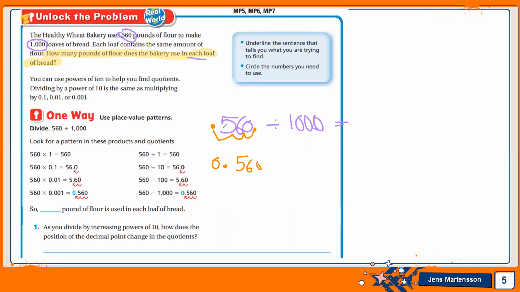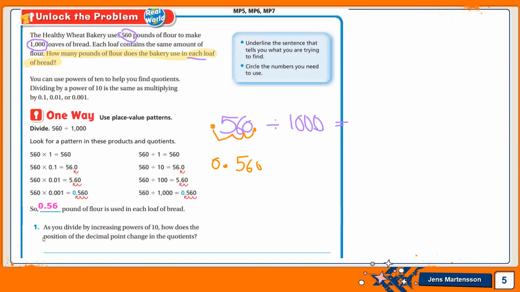So how many pounds do we have here? 0.560, we can say that's only 0.56, because as I told you before, in decimal numbers any 0 added to the right doesn't matter. So we have only 0.56 pounds of flour used in each loaf of bread.